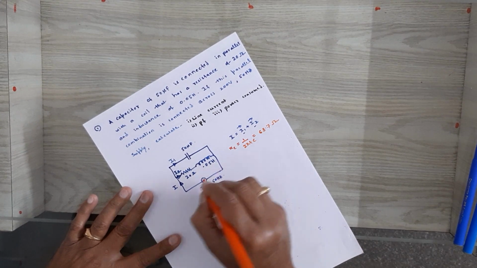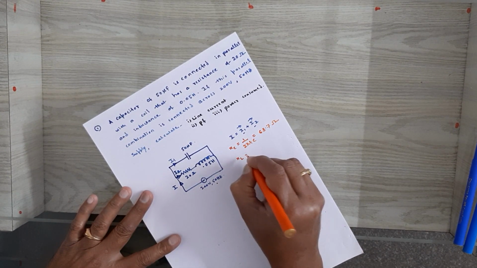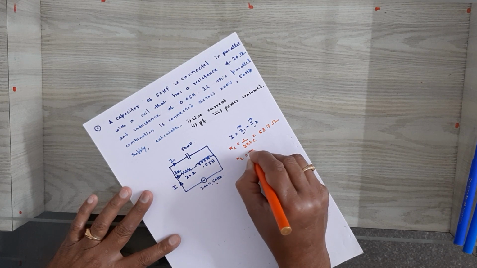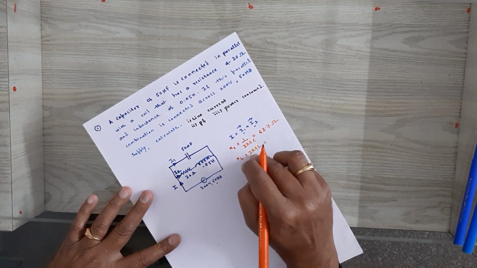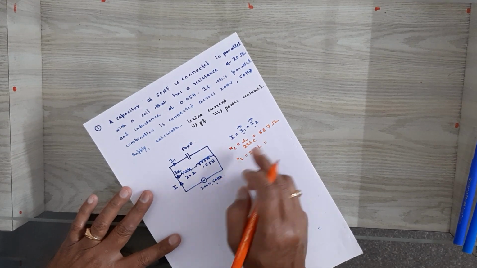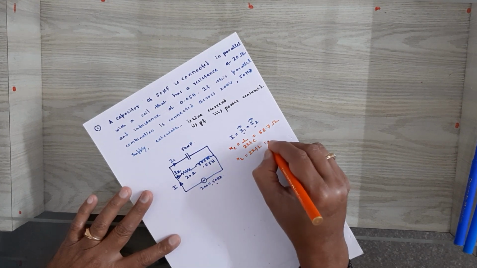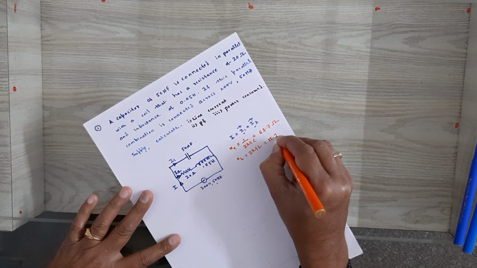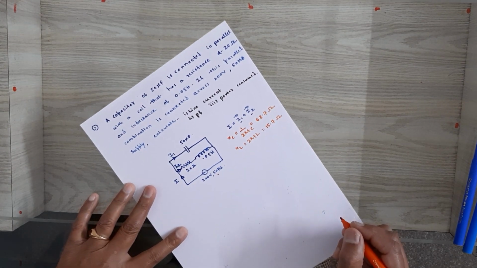Then you have to find out inductive reactance similarly. XL is equal to 2 pi f into L. 2 pi f is once again 50, L is 0.05 Henry. If you substitute and calculate, you are getting 15.7 ohm as the inductive reactance.